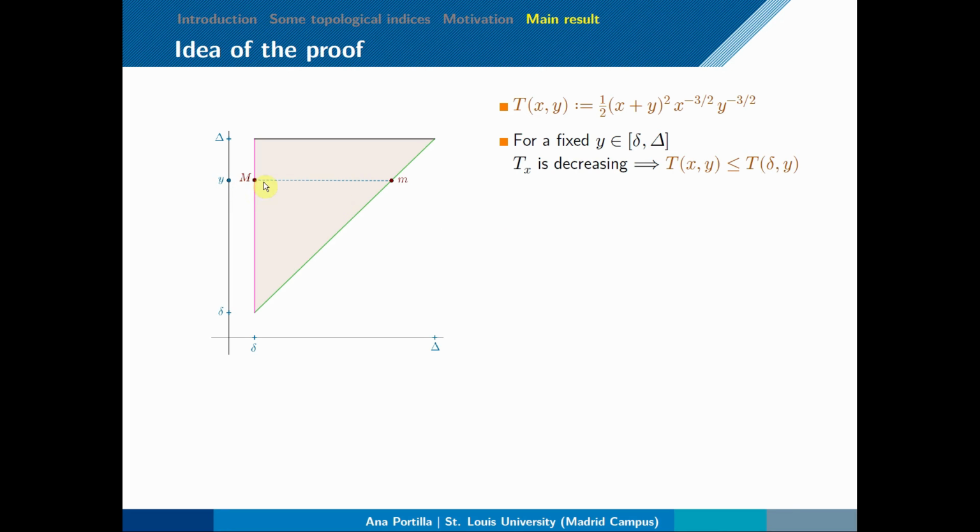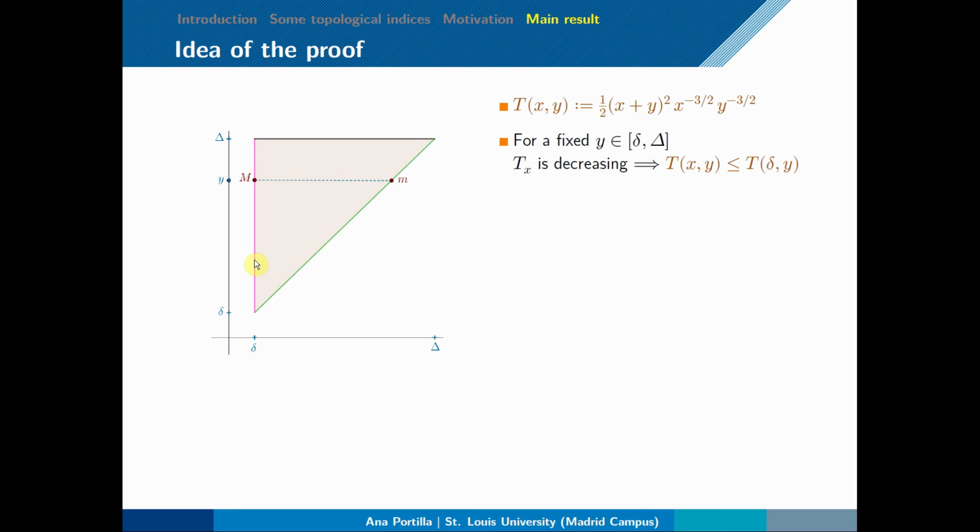That's to say, for this fixed horizontal line, the largest value is attained on the left of the segment and the smallest value is attained on the right. So for arbitrary y values, the largest values are always going to be attained on the pink vertical segment.